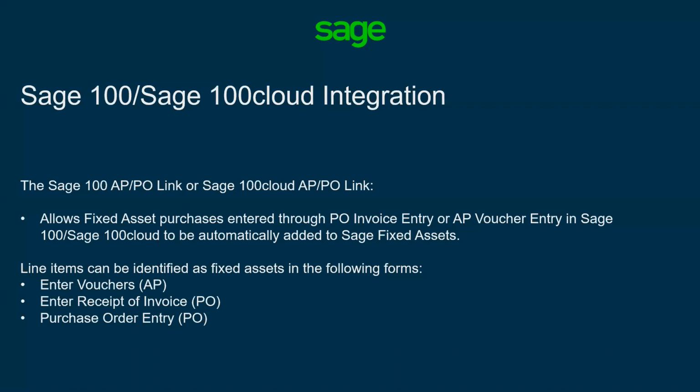Now, from the accounts payable side, it is a one-to-one relationship. So you're doing one accounts payable transaction, you can create a single asset. On the purchase order side, it's a one-to-many relationship, and you can work on a single PO and actually create multiple assets from that purchase order.